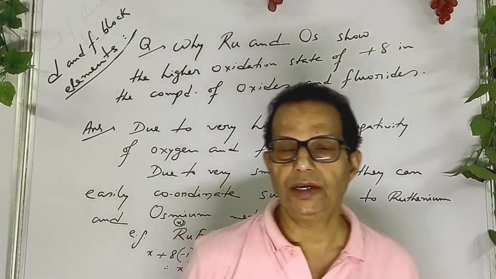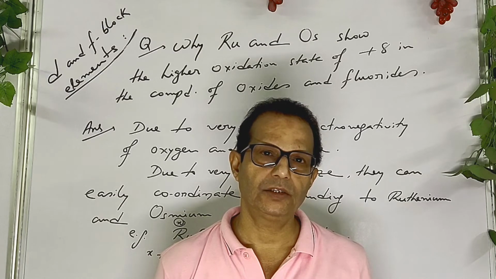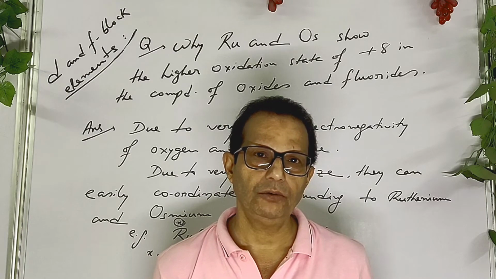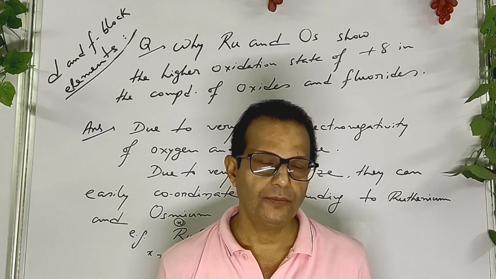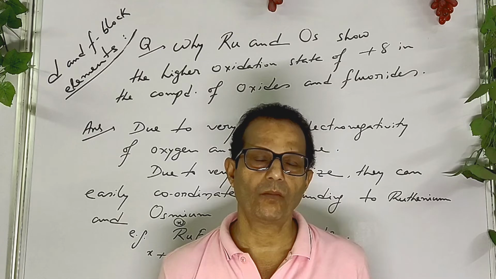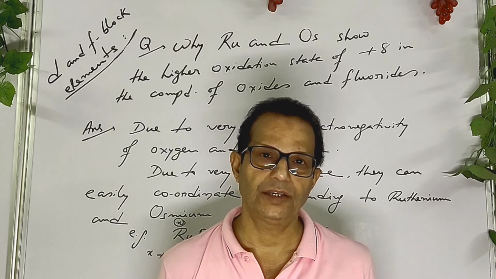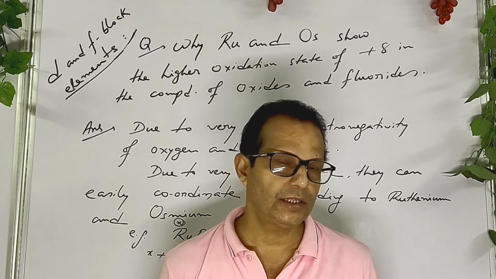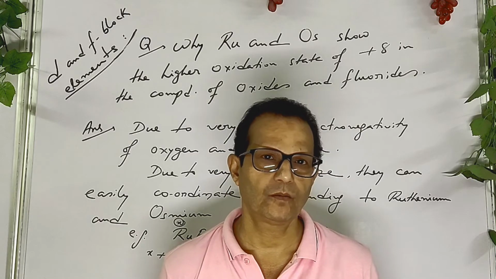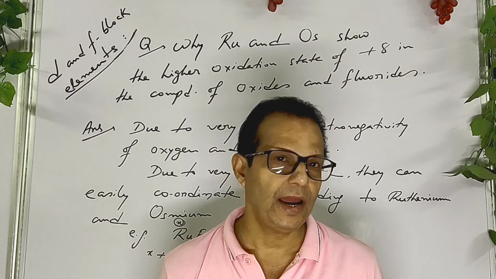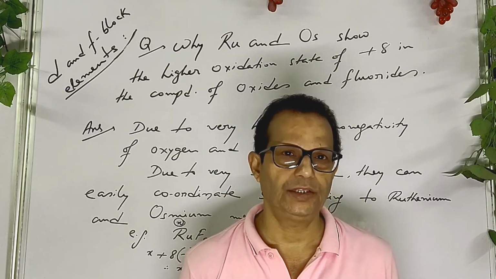Why? First understand the question, okay? You know that transition metals show +2 to +8 oxidation states, that are the positive oxidation states. So the highest oxidation state shown by transition metals is +8. But all the transition metals do not show the highest oxidation state of +8. It is only ruthenium and osmium which show it.